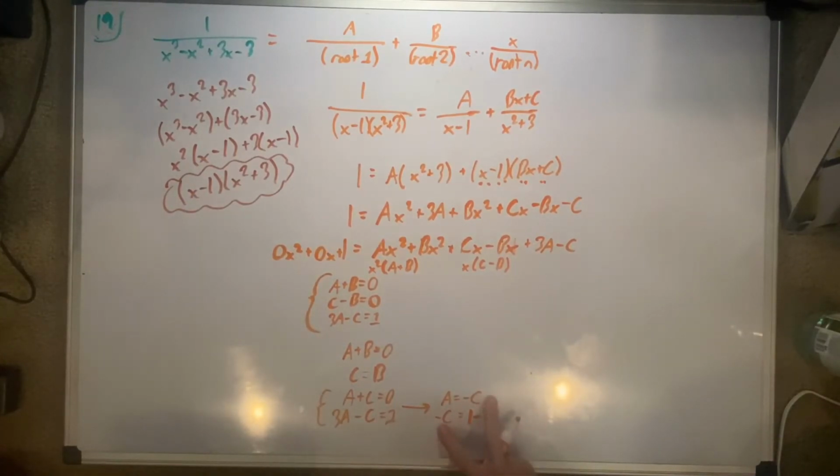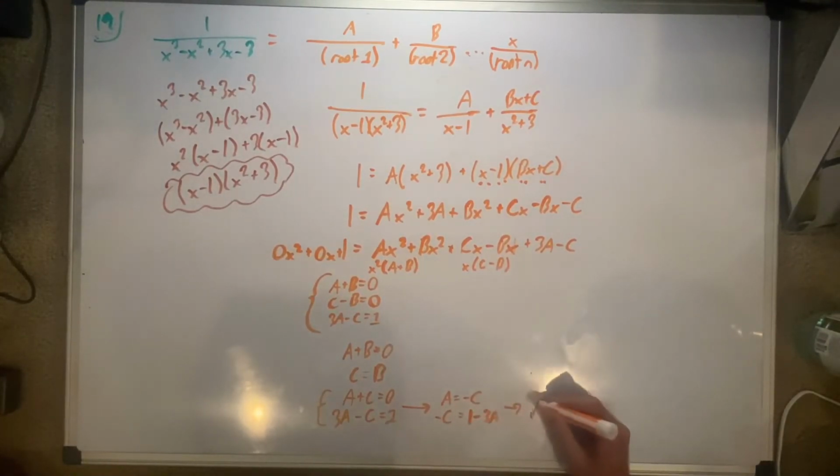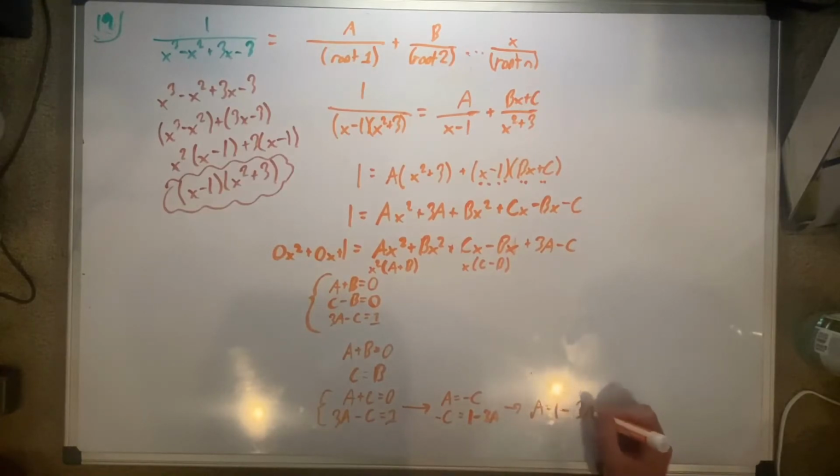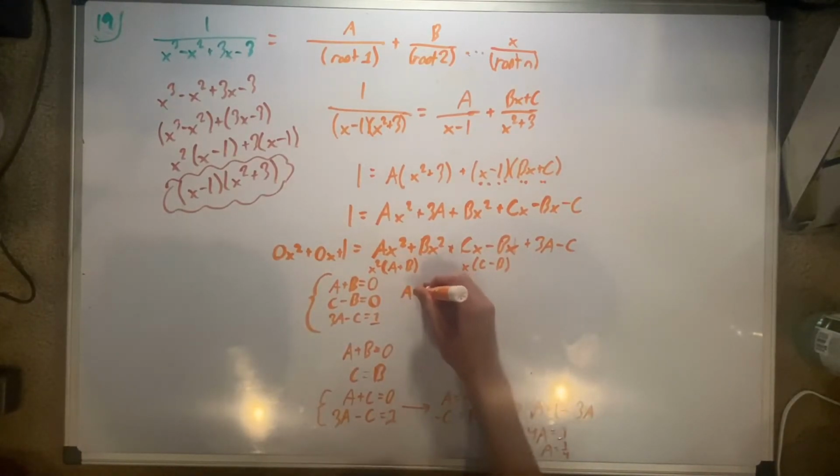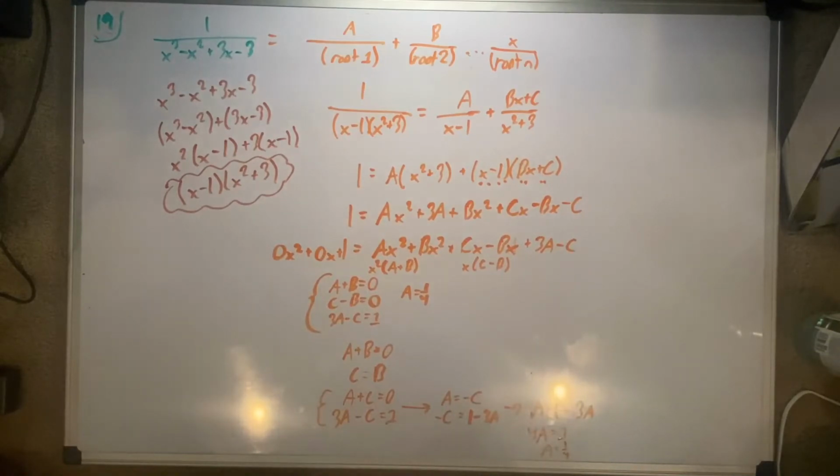So what I'm doing is getting them both equal to the same thing, so that way I can then set both of them equal to one another. So a is equal to 1 minus 3a. Add that over, we get 4a is equal to 1, so a is equal to 1 over 4. So now we know a is equal to 1 over 4.